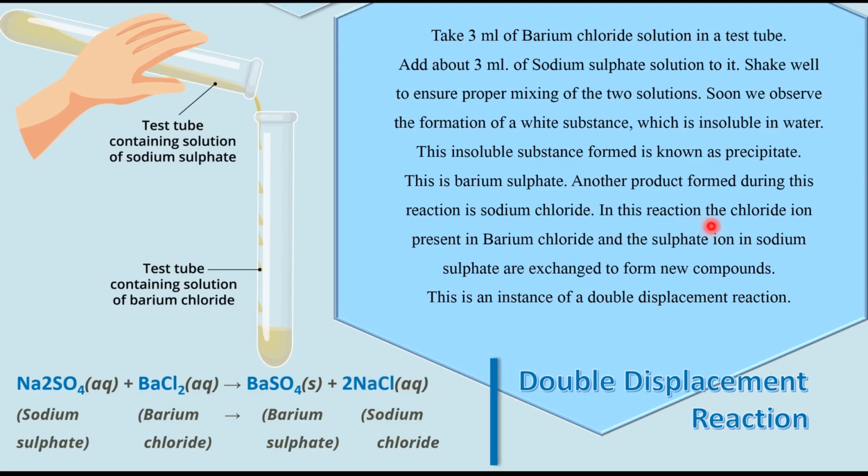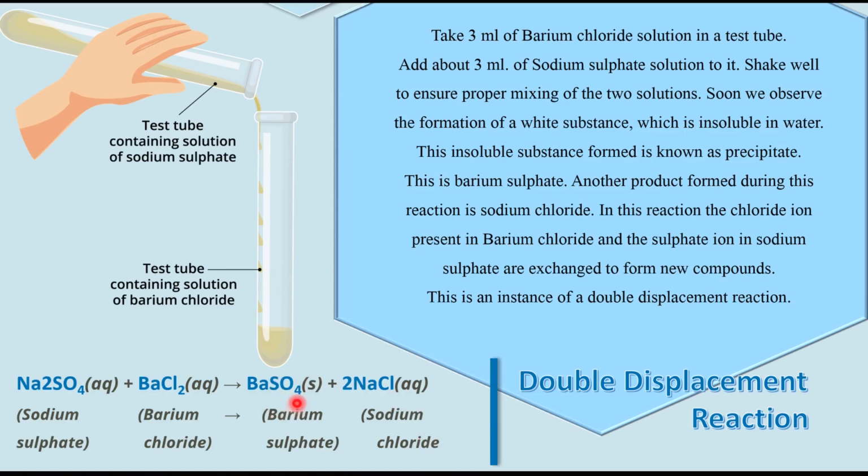In this reaction, the chloride ion present in barium chloride and the sulfate ion present in sodium sulfate are exchanged, resulting in the formation of barium sulfate and sodium chloride respectively.